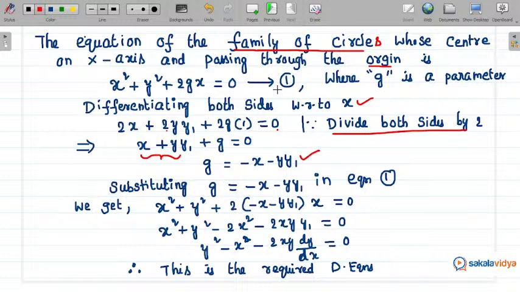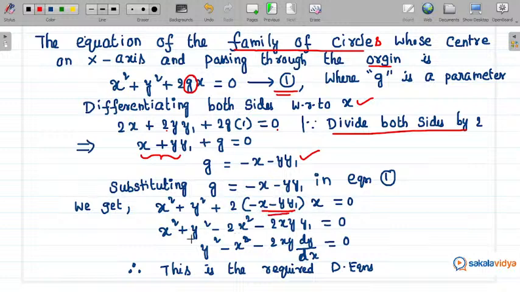Substitute this value in equation 1. Substituting g is equal to minus x minus y y1 in equation 1, we get x square plus y square plus 2 times, in the place of g, minus x minus y y1, into x.